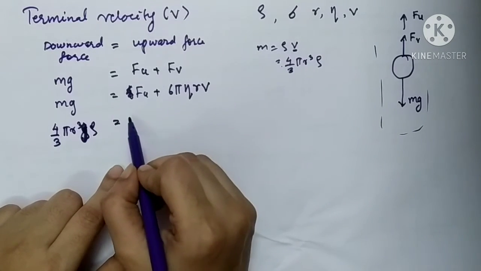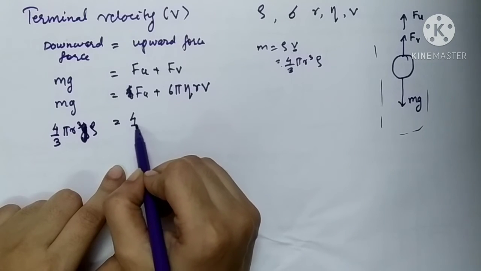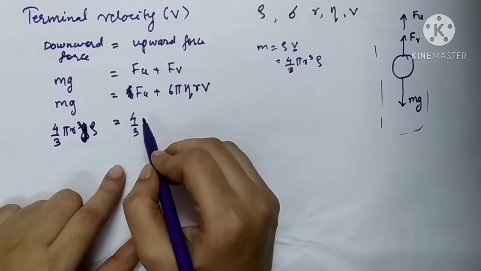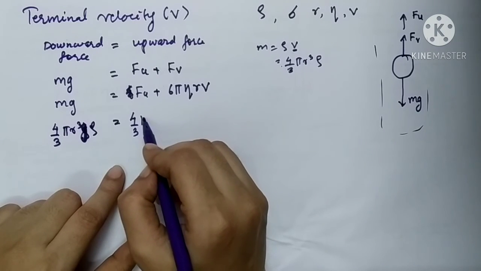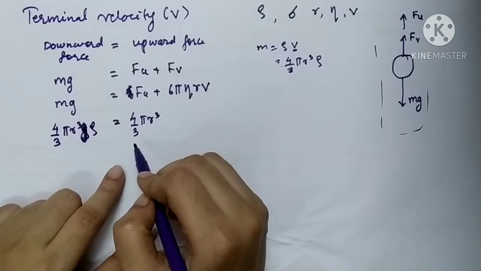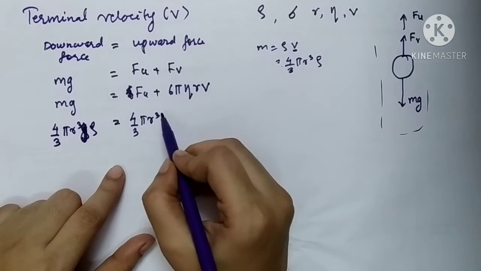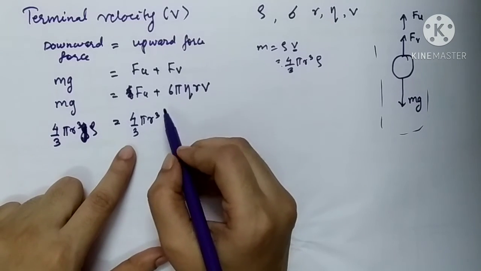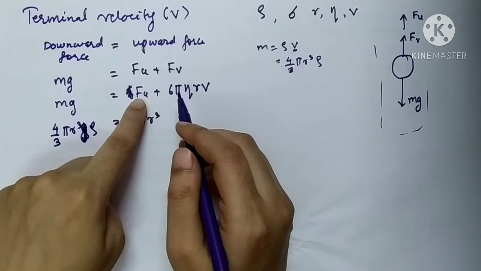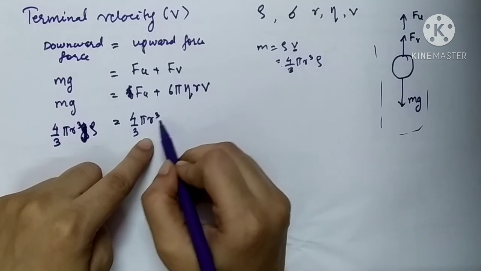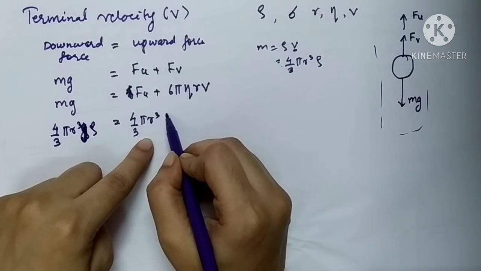is equal to, upthrust force, as it is depending on the volume of the sphere, so we are going to write it as 4 by 3 pi r cube into density. We all know that force is nothing but mass into gravitational acceleration. So here which density is going to come?